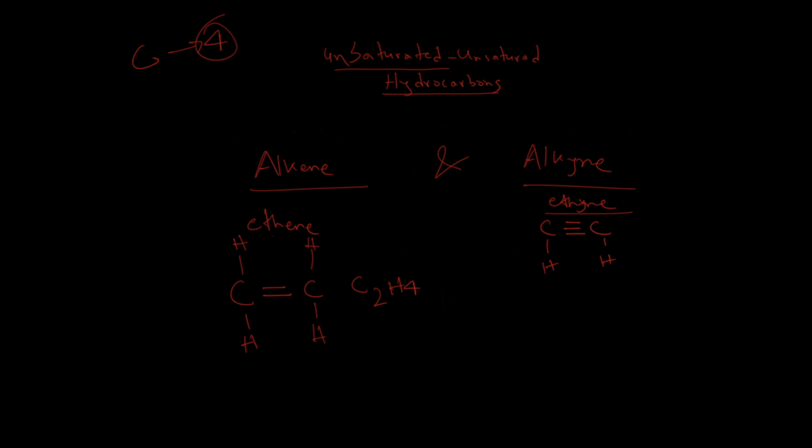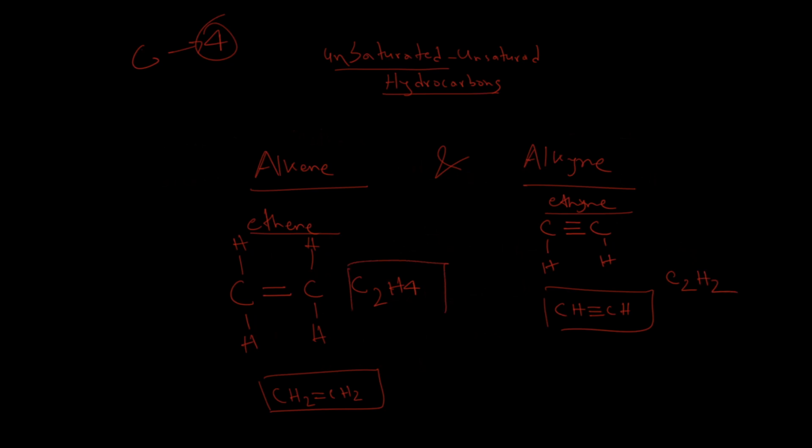Ethyne is written as CH triple bond CH. This is ethyne, and this is CH2 double bond CH2, ethene. Ethyne can be written as C2H2.